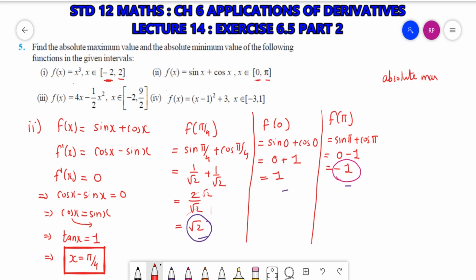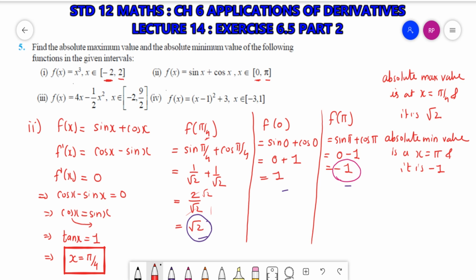So I will write down that absolute maximum value is at x equal to pi by 4, and it is root 2. On the other side, absolute minimum value is at x equal to pi, and it is minus 1.